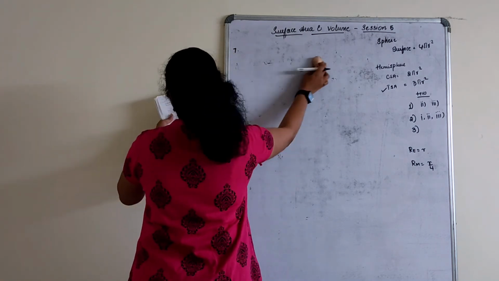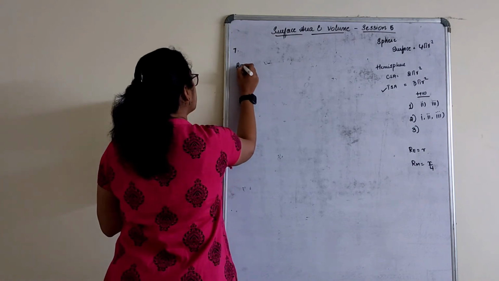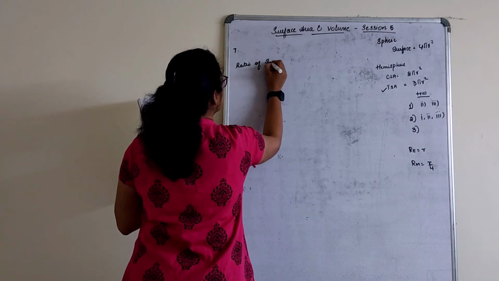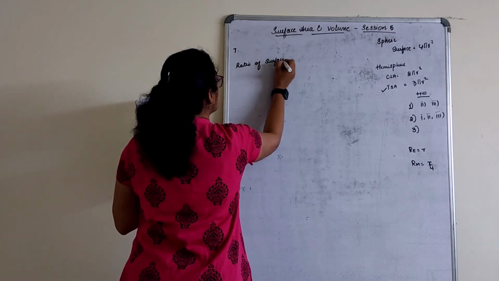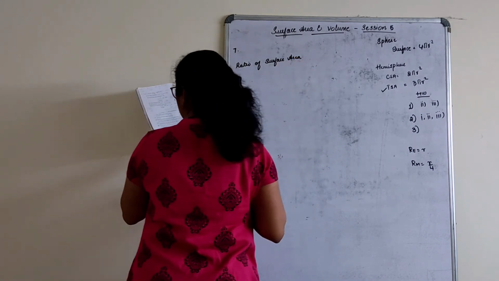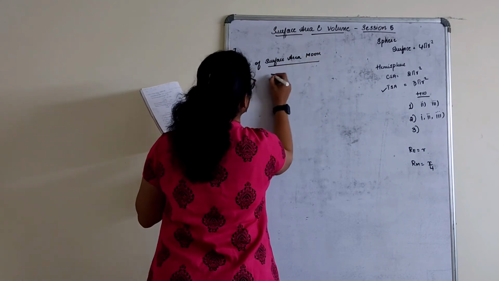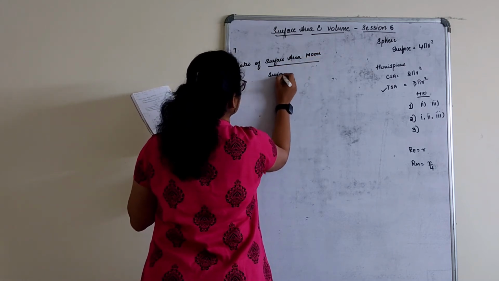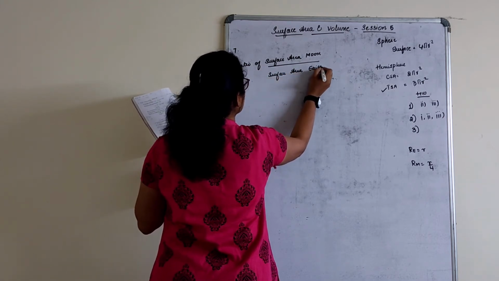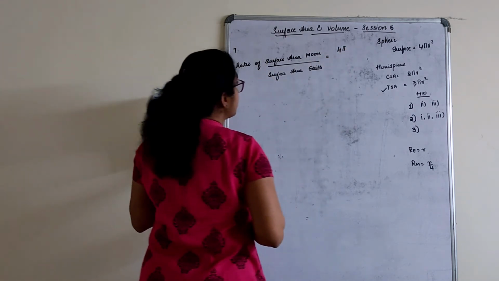So now let us read what they have asked. Find the ratio of the surface area. Ratio of surface area of moon to surface area of earth is equal to formula 4 pi r square.